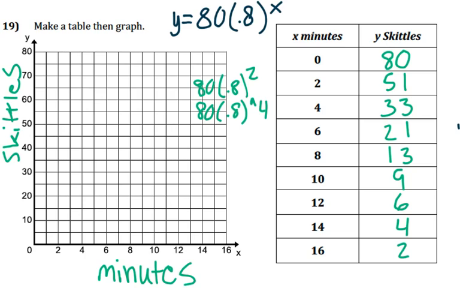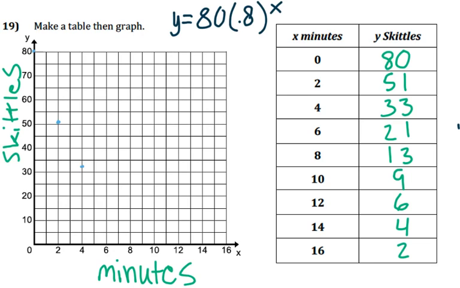And then we're just going to plot these points. 0, 80 will be our first, so we're going to place that up here, 0, 80. And then we're going to continue by plotting 2, 51. So I go over to 2, up to 51, and put a point. Then we plot 4, 33, so over 4, up to 33.